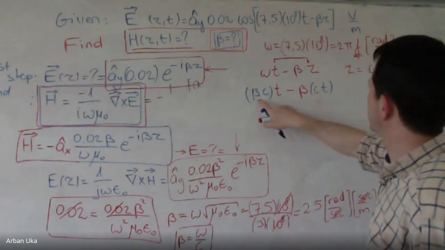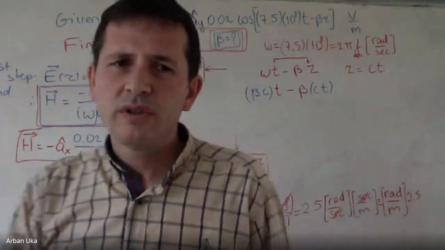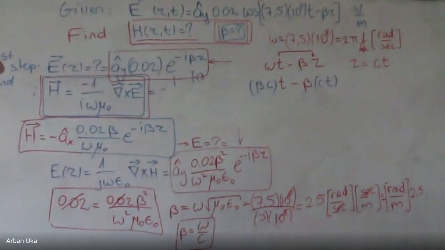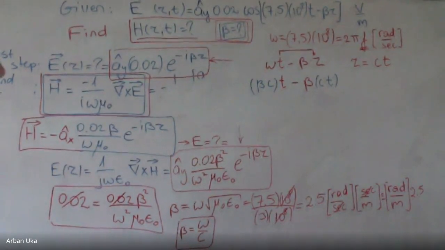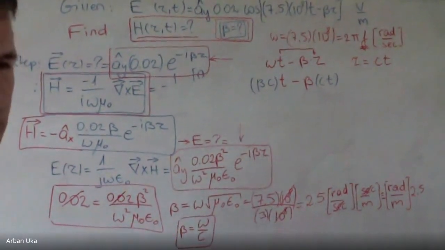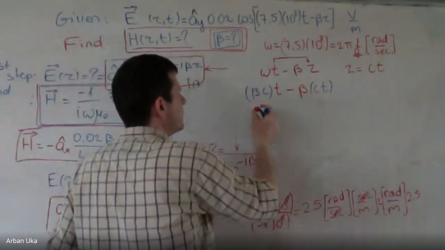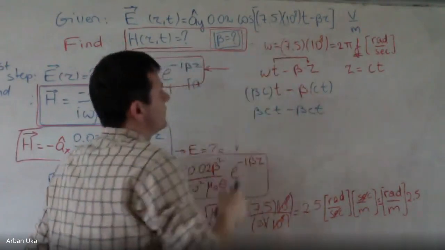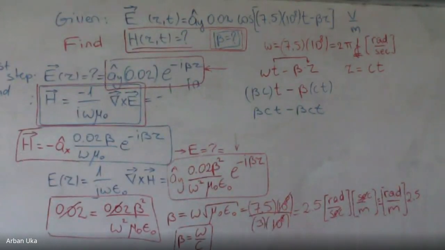And then if we check, we have beta Ct, beta Ct. The only thing that is best to conclude for the moment is that they have the same unit. So this is beta Ct minus beta Ct, which is what shows up in the cosine term.